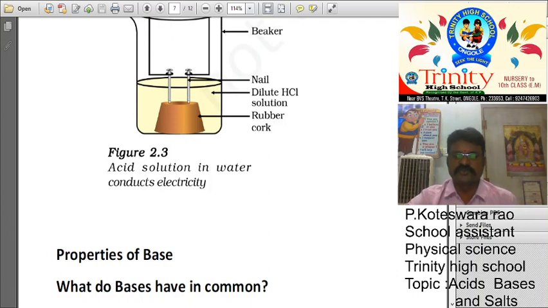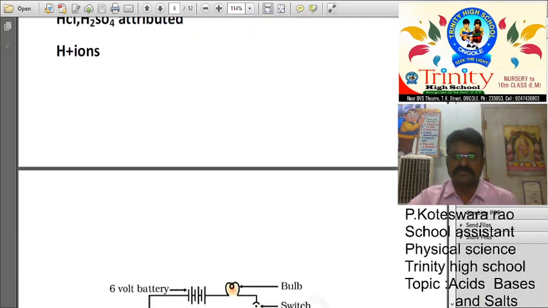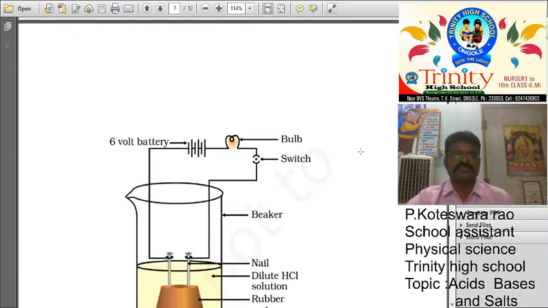In the remaining two conditions, the bulb is not glowing. We already told that HCl and H2SO4 can donate H plus ions, while alcohol and glucose do not donate H plus ions.